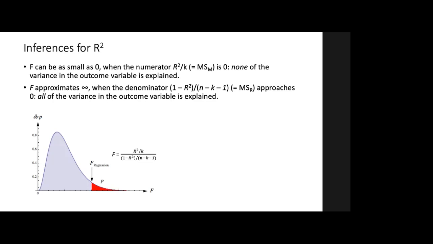So the larger our F value, the less likely it would be to get such a result if the true R squared in the population were 0.